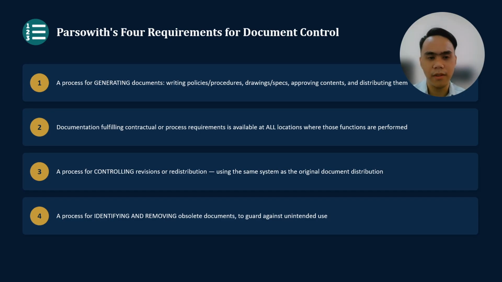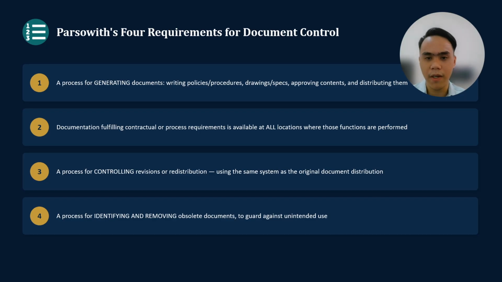Number two is that documentation fulfilling the needs of contractual or process requirements is available at all locations in which those functions are performed. If a work instruction governs a process that happens at three different plants, all three plants need access to that documentation, not just the site where it was originally written.